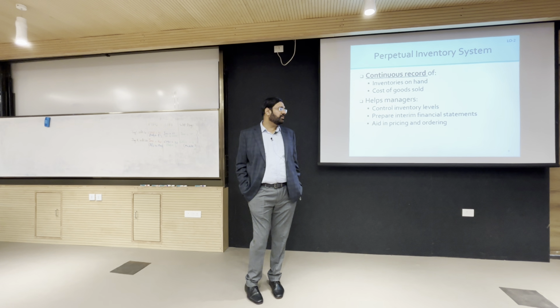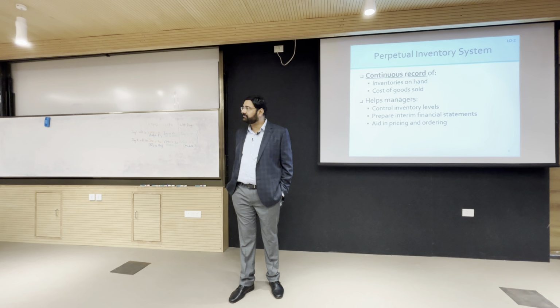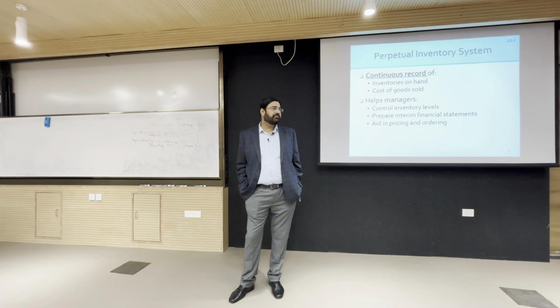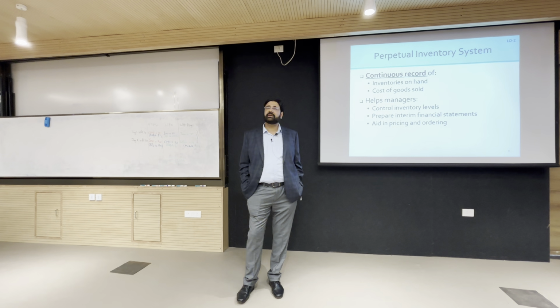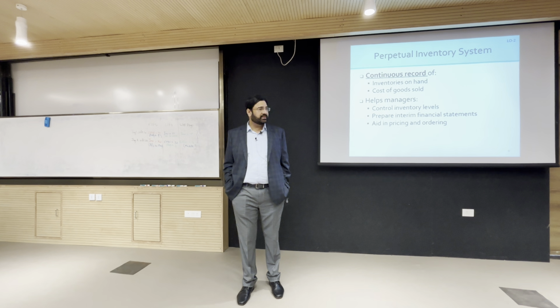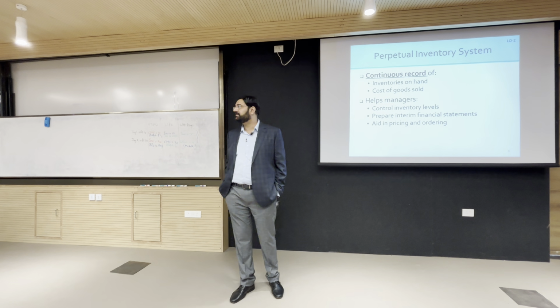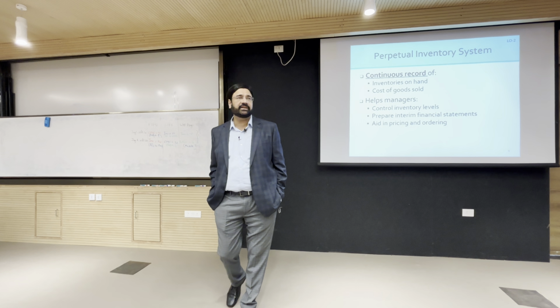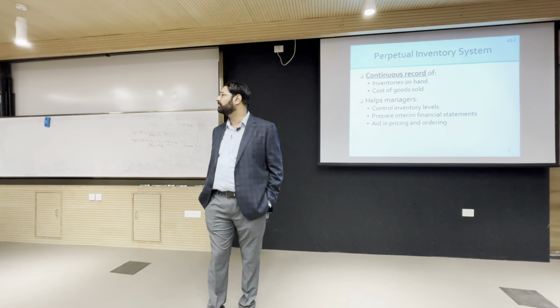The name itself suggests what the inventory system is. When we say periodic system, it means inventory is being ascertained periodically, the closing balance. The cost of goods sold is being ascertained periodically at the end of the accounting period, which can be 1 month, 3 months, 6 months, 9 months, 12 months, whatever.